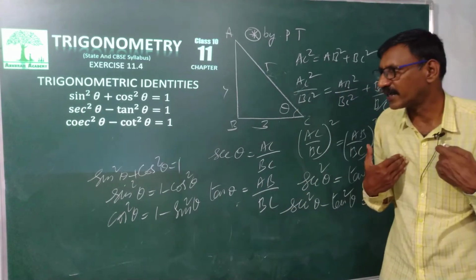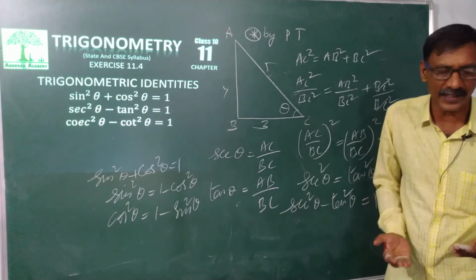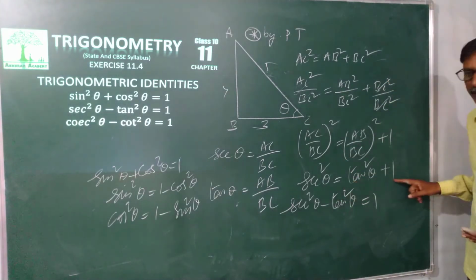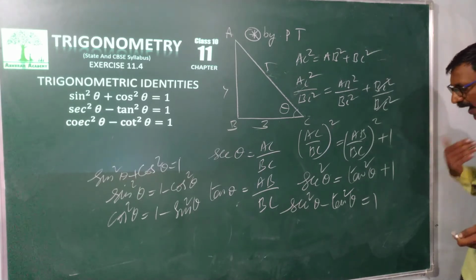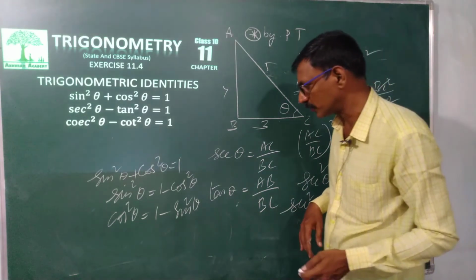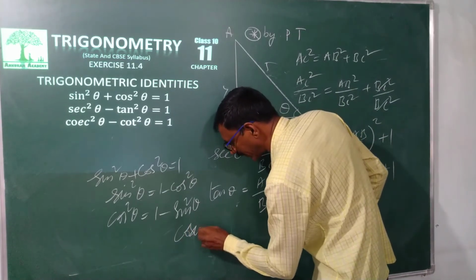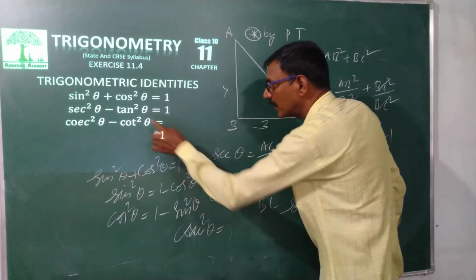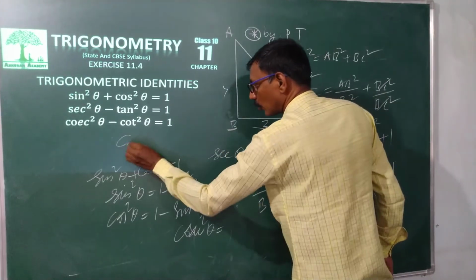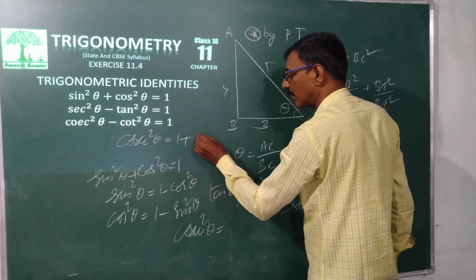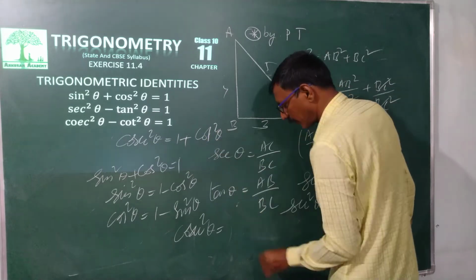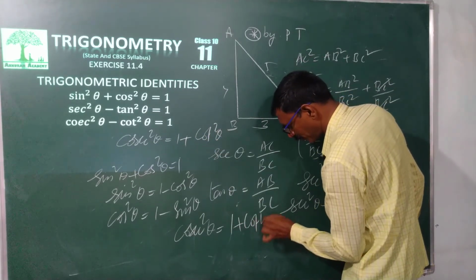If I have secant square theta, we can write 1 plus tan square theta, or tan square theta plus 1. If I have cosecant square theta, this comes this side, cosecant square theta is equal to 1 plus cot square theta.